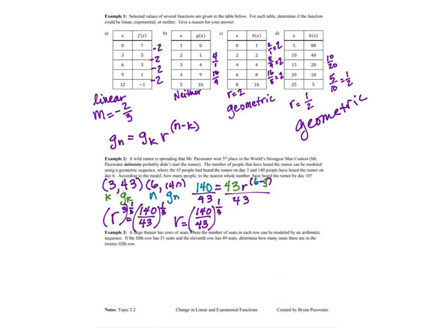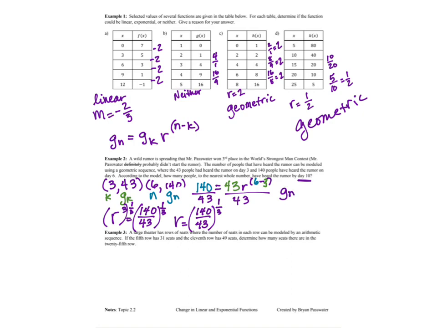And we're trying to do a prediction by day 10. I would stay in this 2-point formula. Okay. Choose one of your values for g sub k. Which point would you like to use again? 43. The smaller one? Okay. So we already called it k and g sub k. So let's do g sub n now.